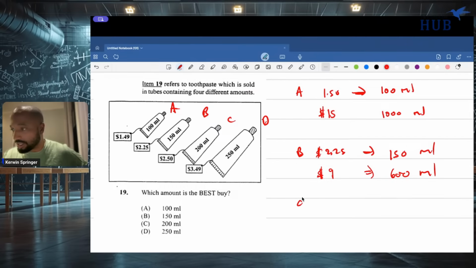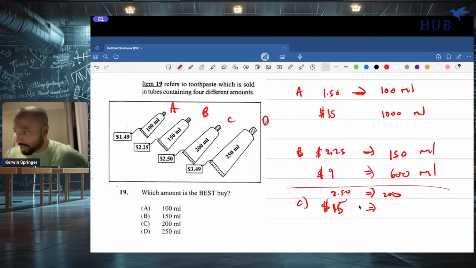And C, $2.50 for 200 ml. I could try $15. If I take this up to $15, 2.50 times 6 is 15.